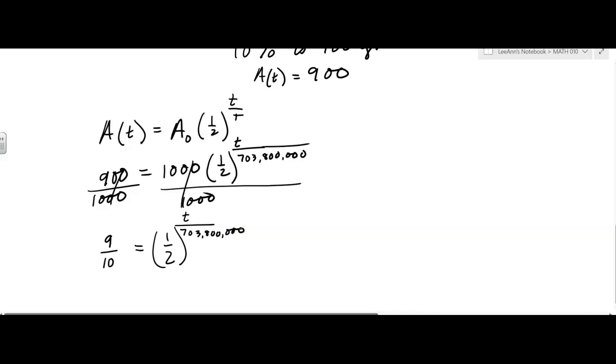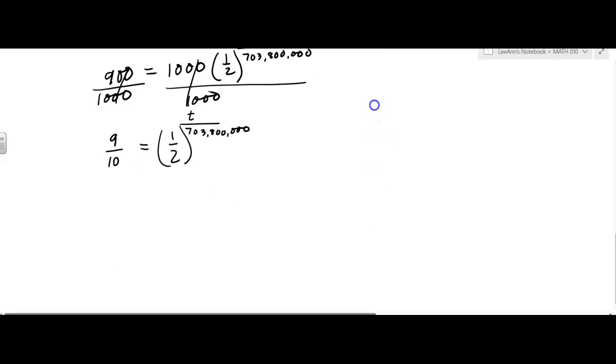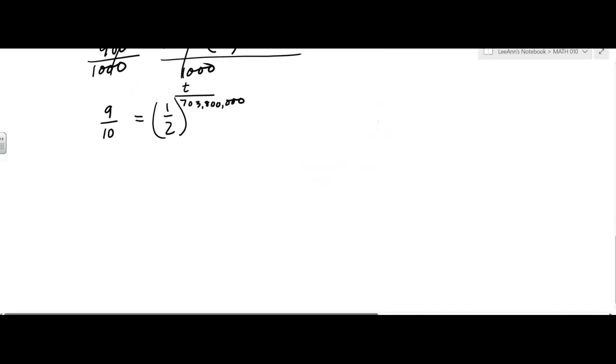Okay, and then because that little t that we're trying to solve for is up in the exponent, we're going to have to take the natural log of both sides. So we'll take the natural log of 9 over 10. And, well, I guess we don't have to do natural log, but we'll stick with the natural log.